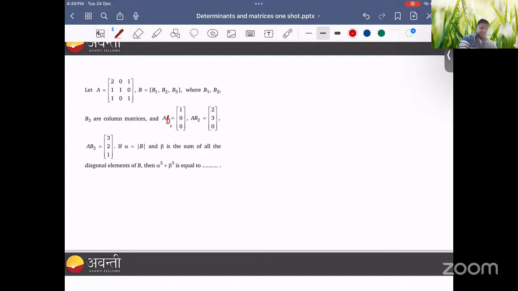Now, if alpha is the determinant of B and beta is the sum of all diagonal elements of B, that is the trace of B, then find alpha cube plus beta cube.